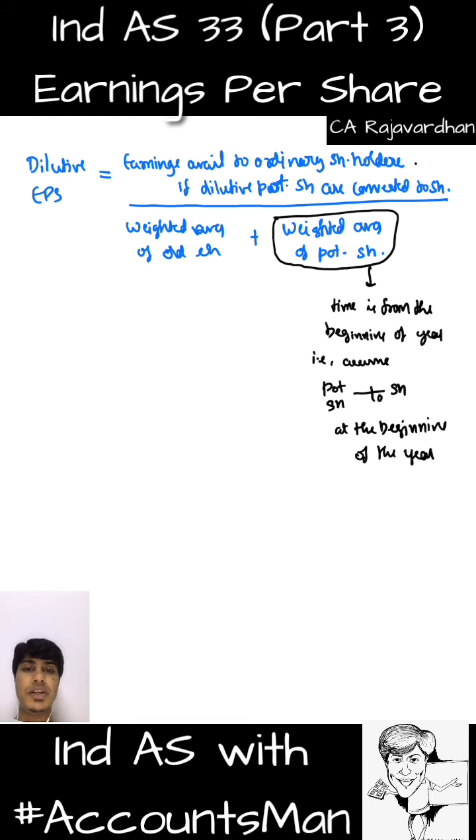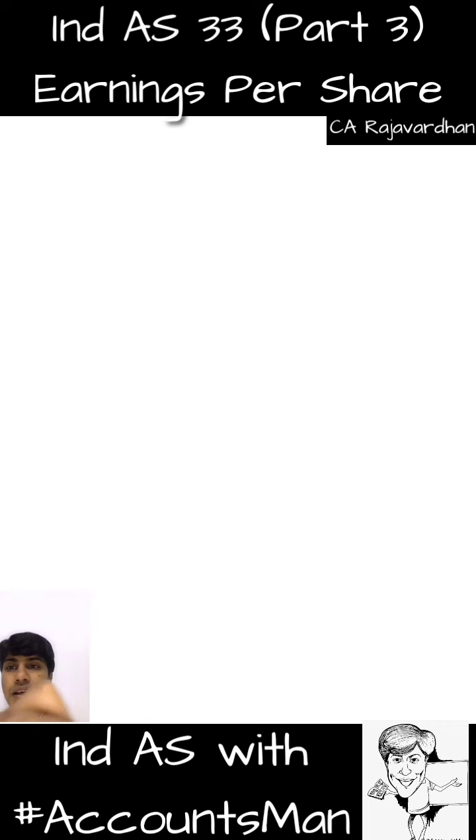What will be the case with respect to the denominator? With respect to the denominator, as I told, it will not just include the weighted average of old ordinary shares, it will include the weighted average of potential shares also. Now, it might be a case where in the case of convertible debentures, I have told you for 10 debentures I will give 2 equity shares.